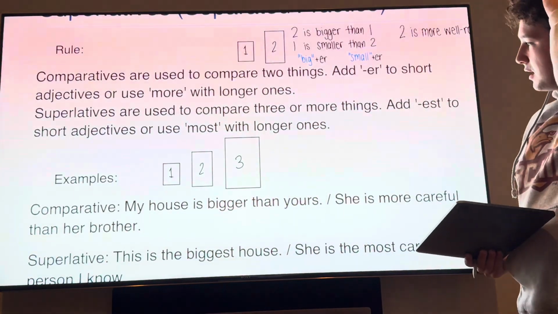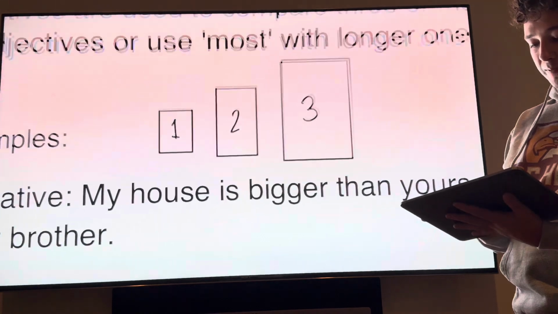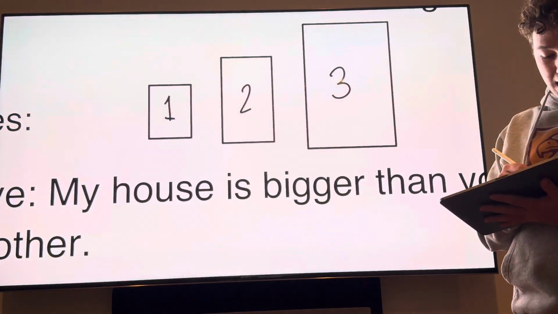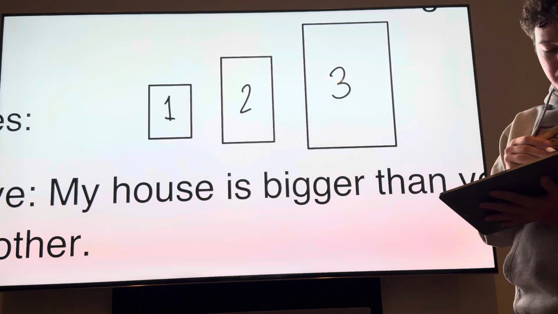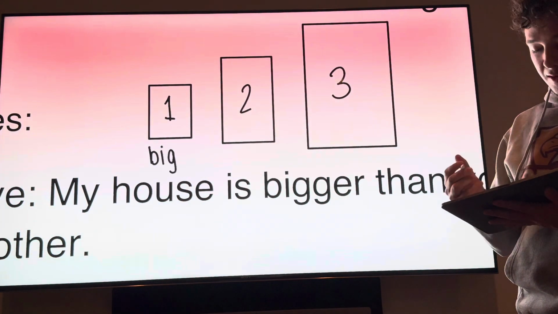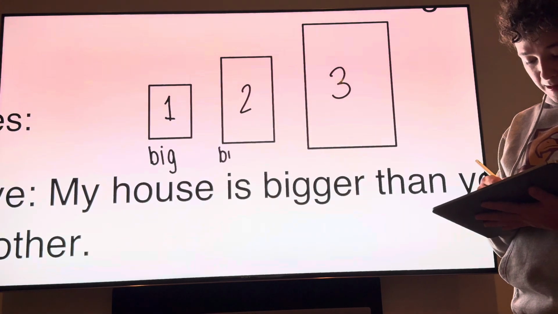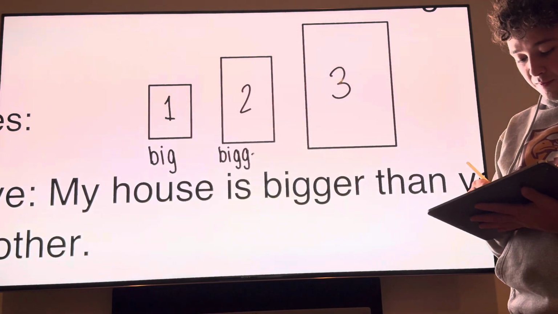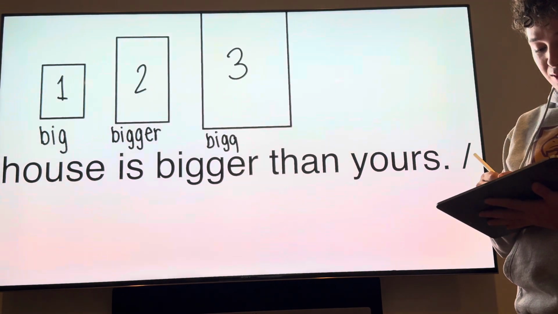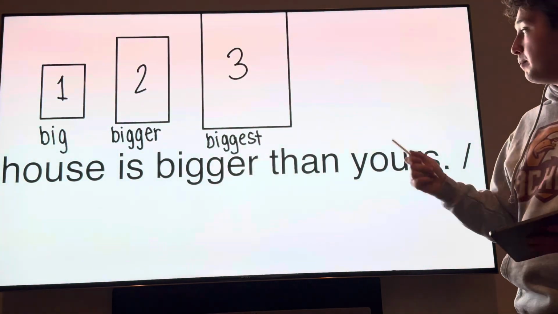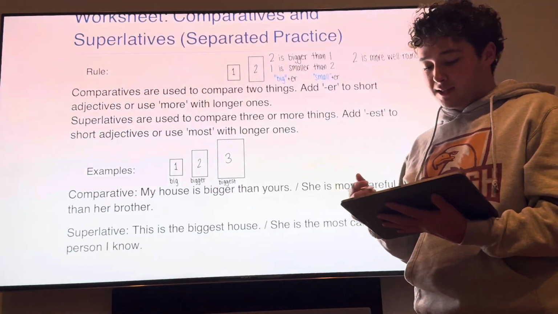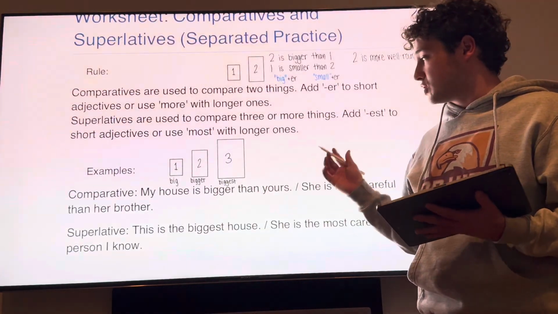Okay, so take a look at these 3. The way you'd classify this is you would say big, bigger, and then biggest with EST. Biggest. So this is the largest square.